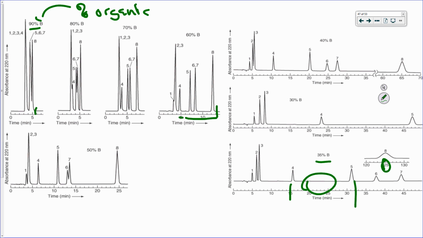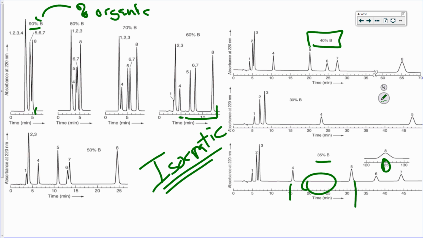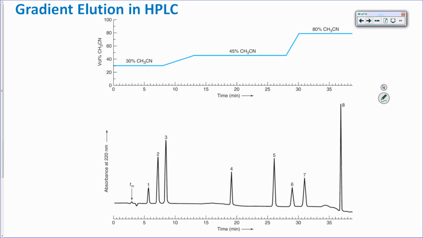These are all examples of isocratic separations. I'm not changing the solvent during the course of the run. It's staying whatever percentage that percentage is the entire run. So the way that we overcome this is we do gradients. So we change the solvent strength as a function of time. All right.